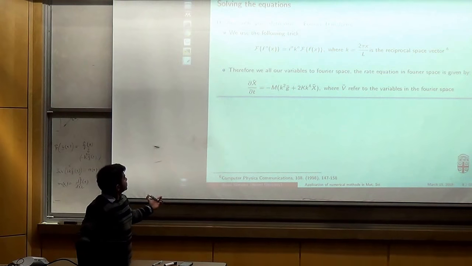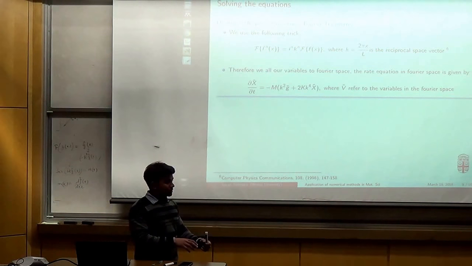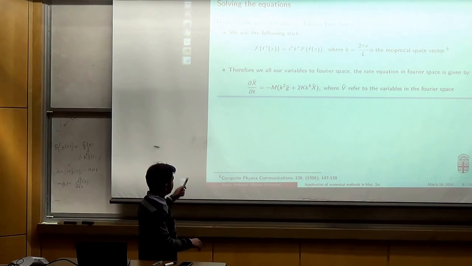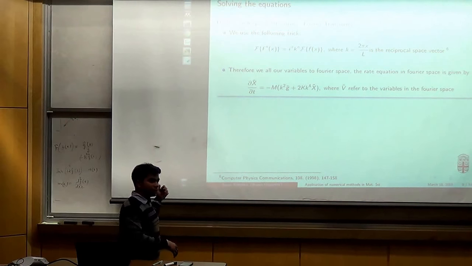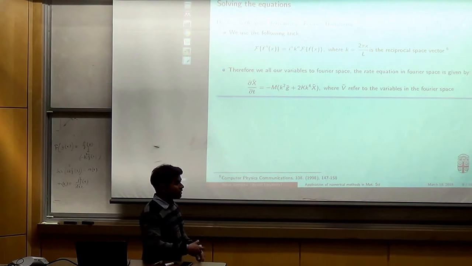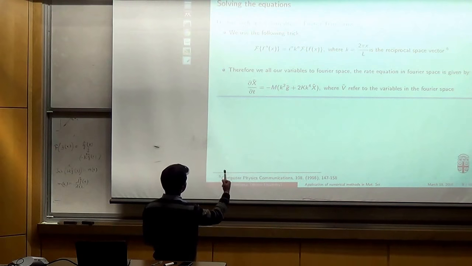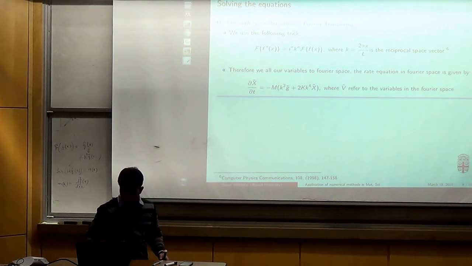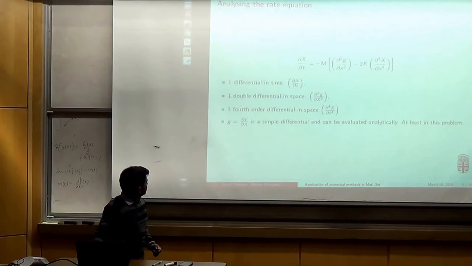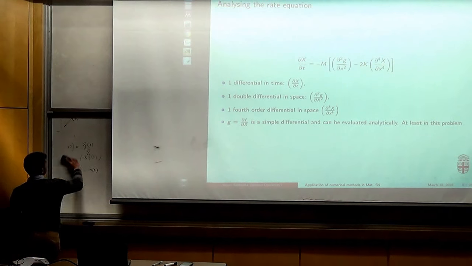But so we did this. We take all our functions to the Fourier space, and the same PDE that we obtained in the previous case, after a Fourier transform of all of its elements, the new differential equation that we have to solve turns out to be this. Let me just write this down here so that we can compare.